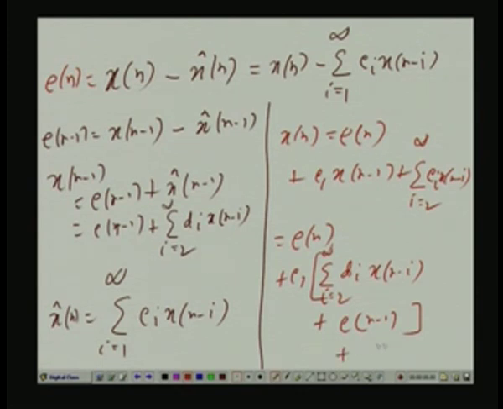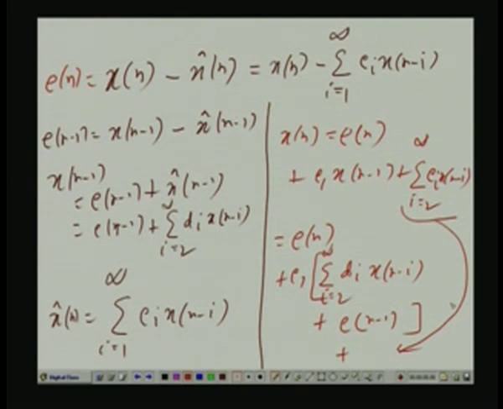You will have E n, then some coefficient times E n minus 1 and terms involving x n minus 2, x n minus 3, x n minus 4. One more step, x n minus 2 you project on its past and do the same exercise. You will get terms like E n, E n minus 1, E n minus 2 and terms like x n minus 3, x n minus 4, x n minus 5, so on and so forth.